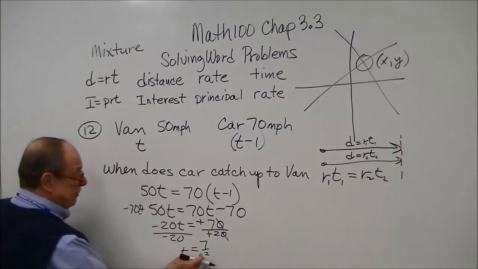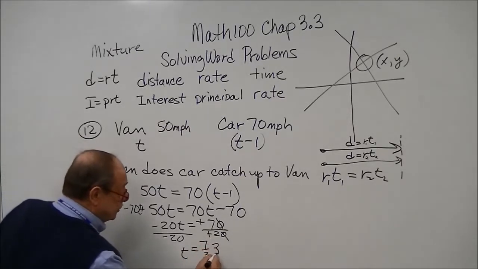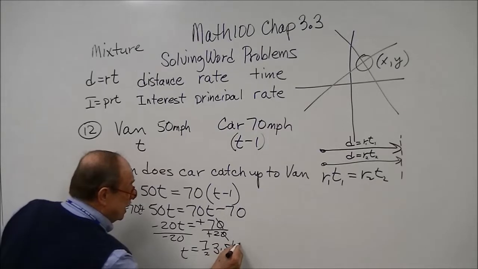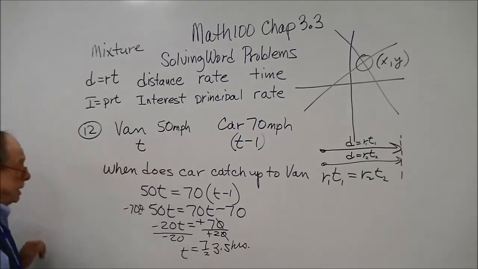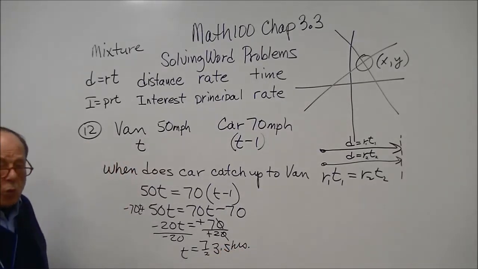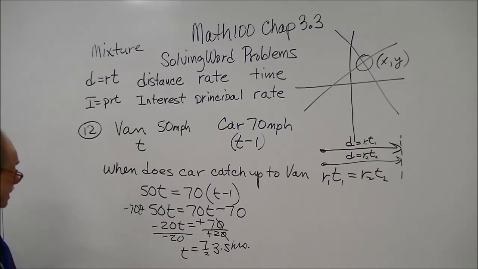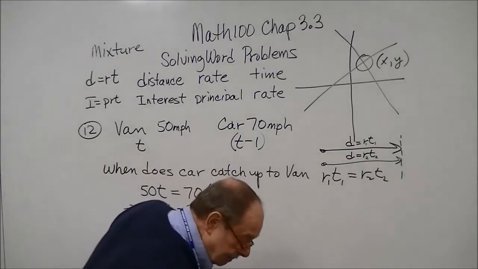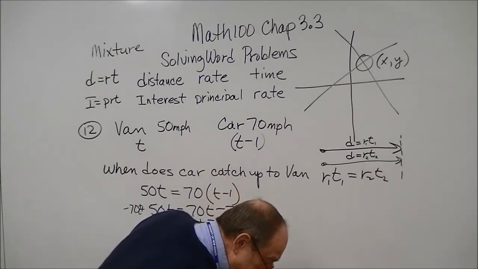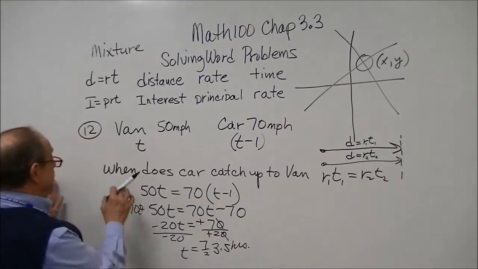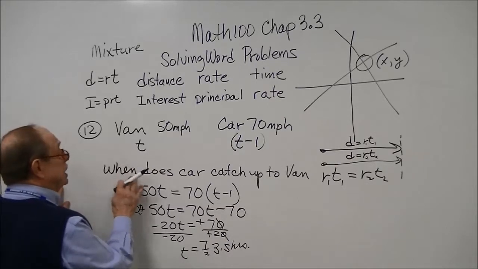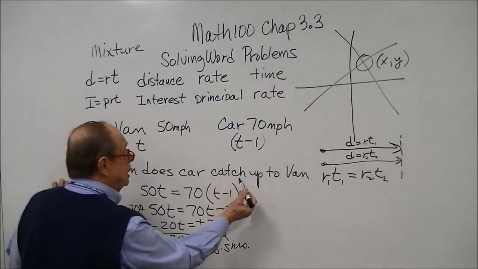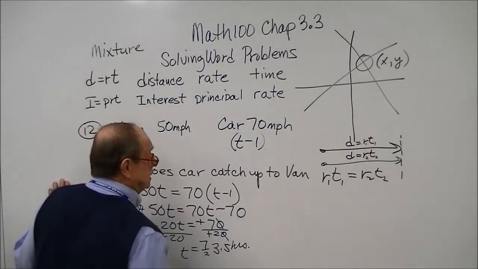But what is 7/2? That's 3.5 hours. Now notice they said at what distance, or let me just check that here. Yeah, it's not when, but at what distance does the car catch up to the van?